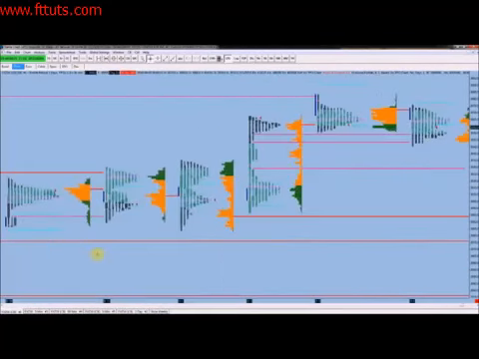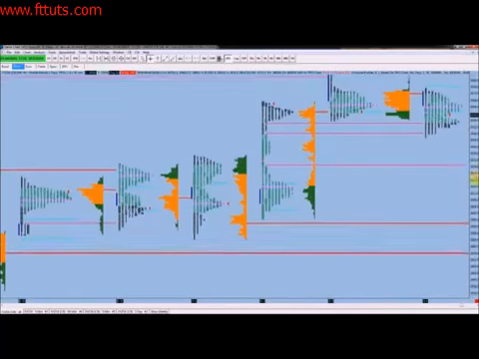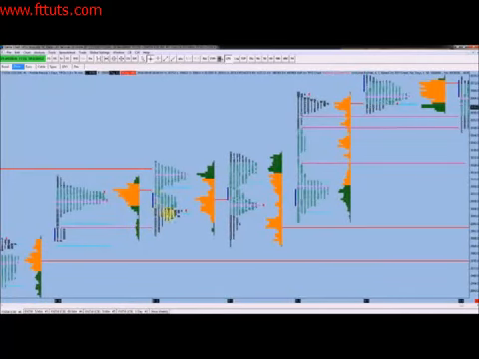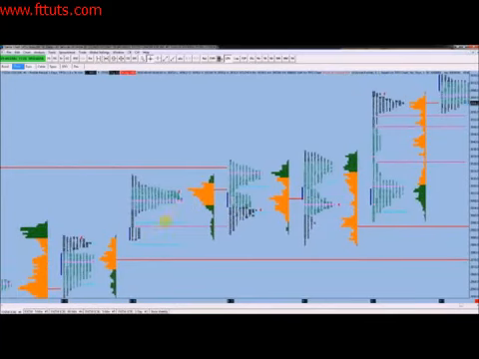Some of these IBs are a bit tight, but again, these 2 days in particular, they've failed. Even with a tight initial balance, that's a very, very difficult day to trade, because of course a lot of people with the tight initial balance are going to initially be thinking, okay, we're on for a trend day or a P or a B, and of course it ends up being a neutral day.